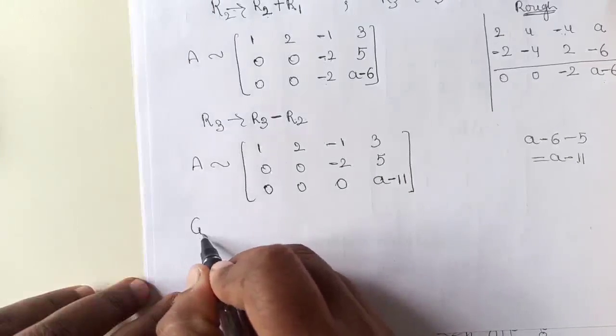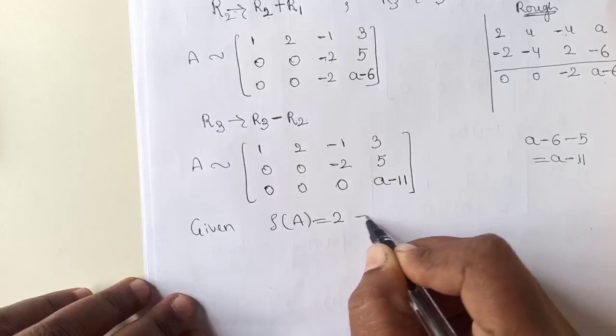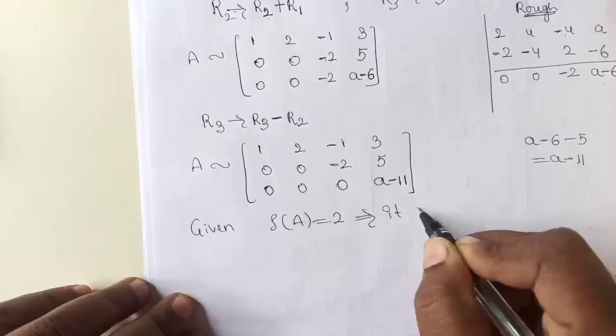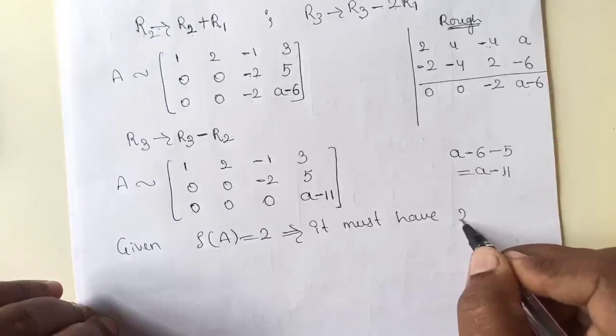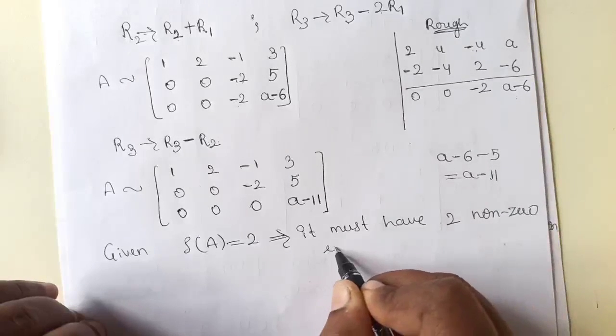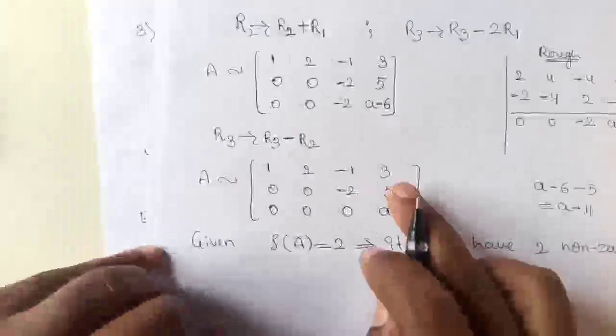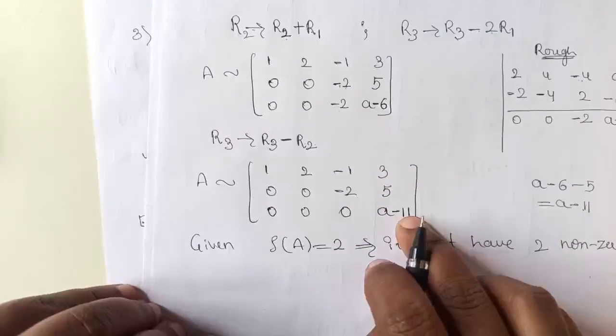But given that the rank of this A is equal to 2, it must have 2 non-zero rows. So that means these two are non-zero rows, and this must be a 0 row.